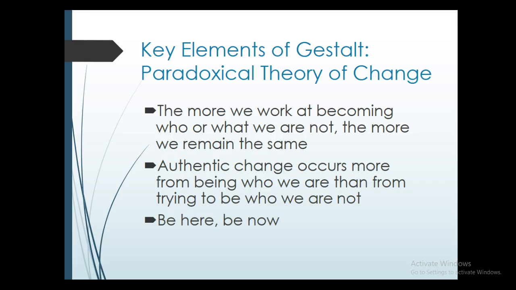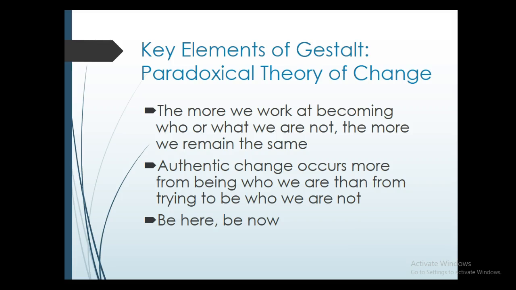So the concept behind the book is, why do we do that? Okay, why don't we celebrate our strengths and focus on our strengths, and doing things that we're good at? And that's what this paradoxical theory of change reminds me of. Why do we focus so hard on being who we aren't? And that act in and of itself can keep us from growing and from changing.